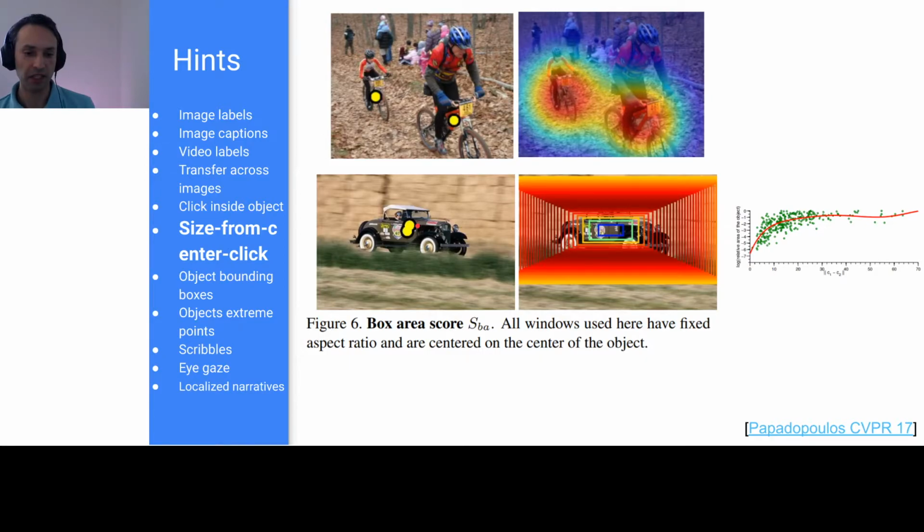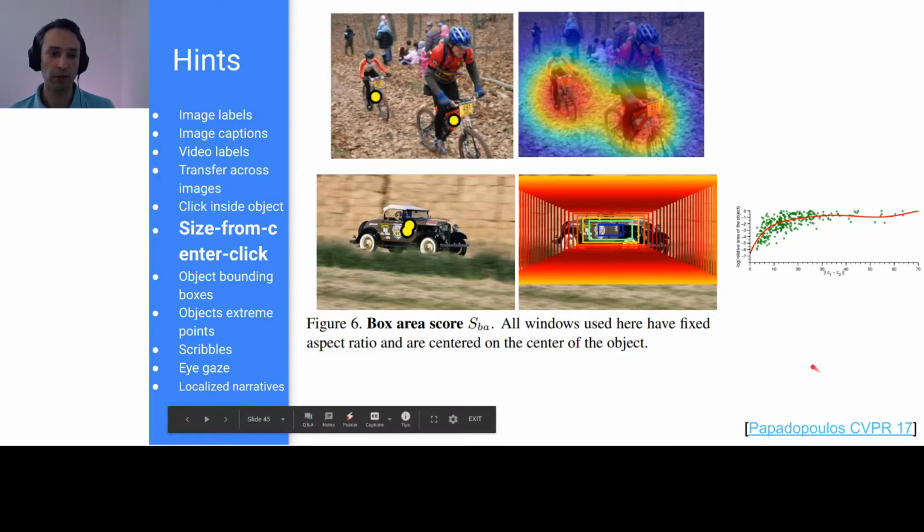If the points are very close by, you can guess that the object is small, while if the points are a bit separate, you can estimate the object is big. So only from clicking at the center of the object, you get a signal about how big the object is in the image, and this was exploited in this paper as an additional hint for training the model.